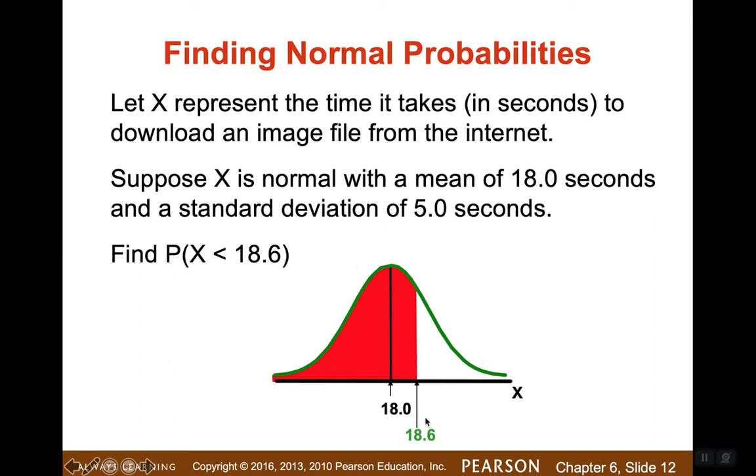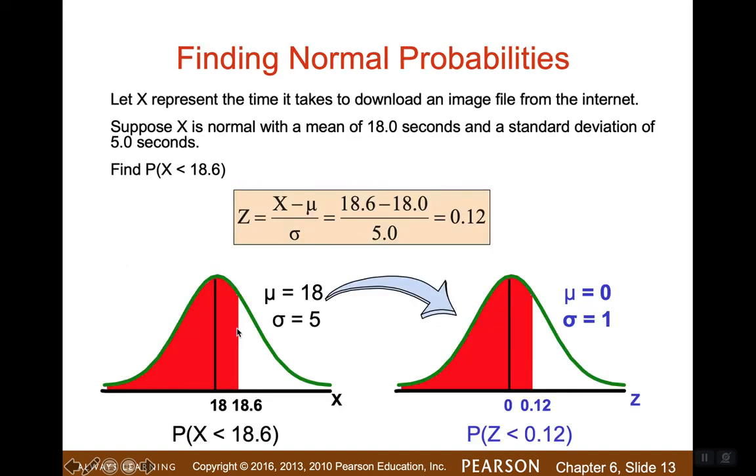Standard deviation is 5. So what is the probability that x is less than 18.6? 18.6 is just simply a number we're picking out. We're trying to estimate what the speed is, so we're asking what is the probability that it's going to be less than 18.6?